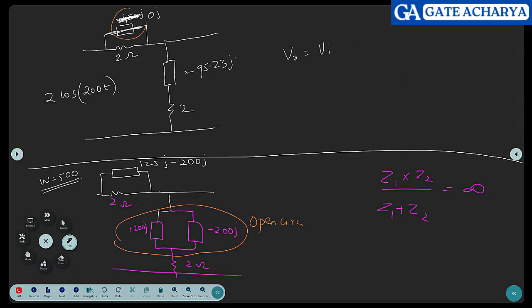This became short circuit in this frequency. This became open circuit. So what does it mean? If this branch is not there, what is V out? This is there. What is the relation between V out and V in? V out is V in. In this case also V out is V in. So what is the answer?